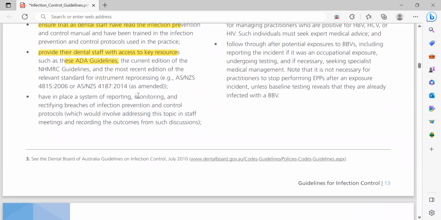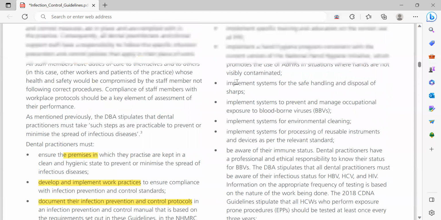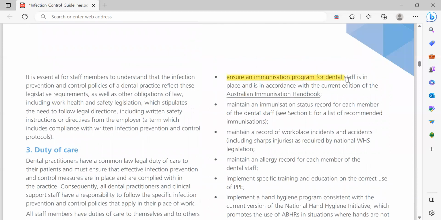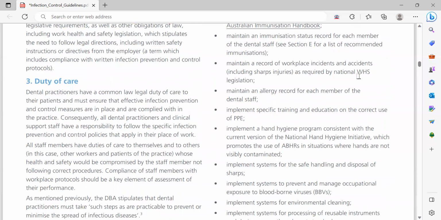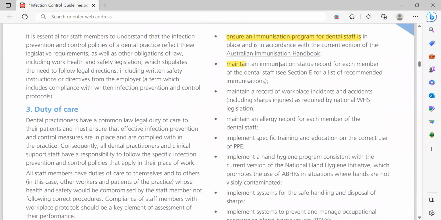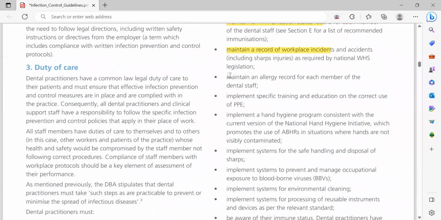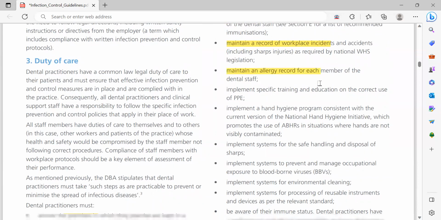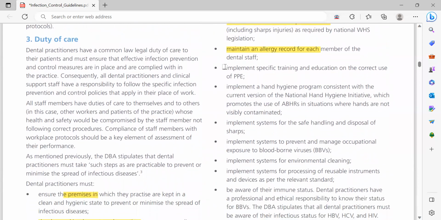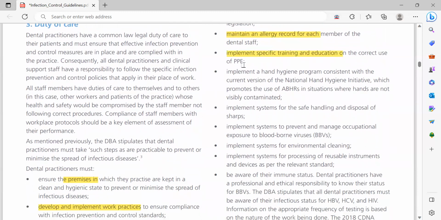Have in place a system of reporting. If there is any incident, there should be a system of reporting, monitoring, and rectifying breaches of infection control. Ensure an immunization program for dental staff. Maintain an immunization status. Maintain a record of workplace incidents. Maintain an allergy record for each member of the dental staff. Implement specific training and education on the correct use of PPE.